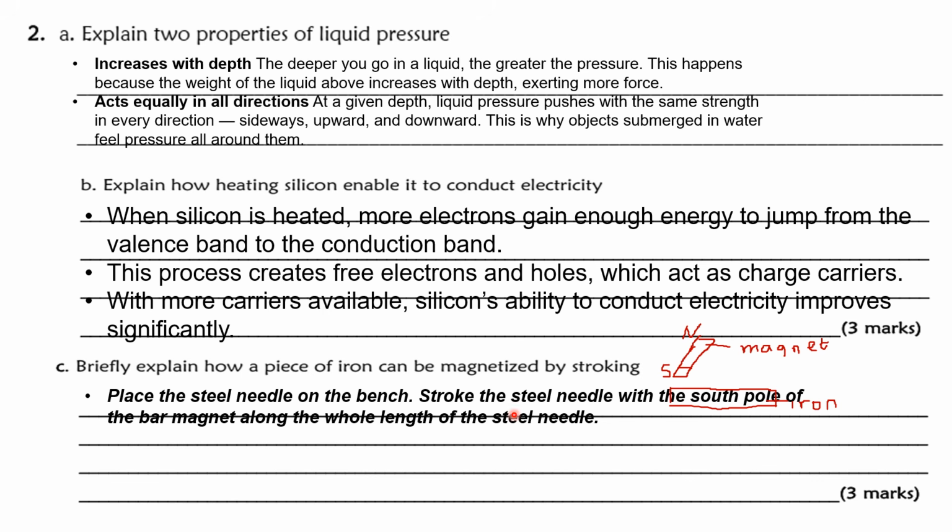That's called stroking. So stroke the steel needle with the south pole of the magnet along the whole length of the steel needle. Here, mind you, this is a steel needle. Here we are talking about just a piece of iron, but needles are made up of iron anyway.